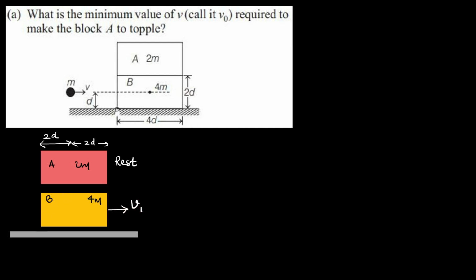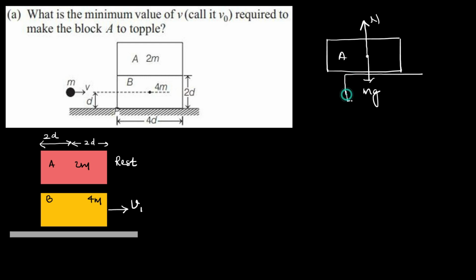If we talk about A, its weight is 2mg, acting at the center of mass, and the normal reaction acts here. Till the normal reaction is on the same line as mg, it will not topple. Now as B moves forward, the available base for the normal reaction is decreasing.